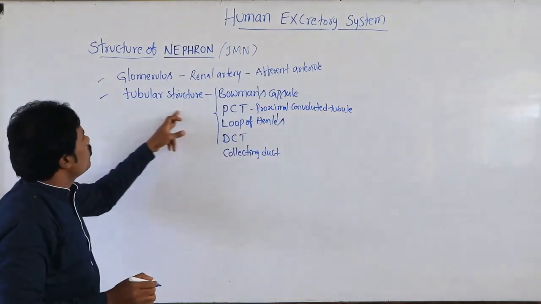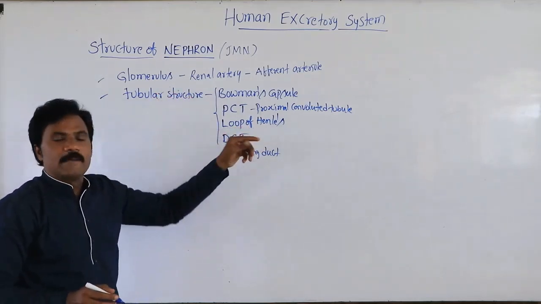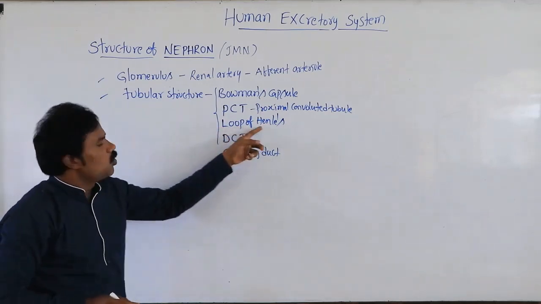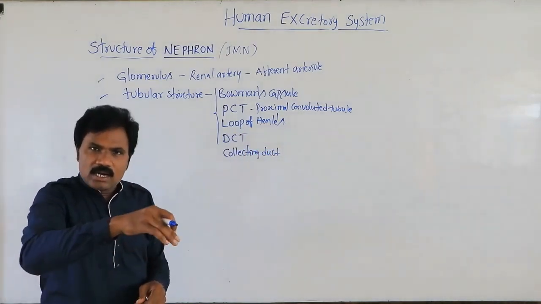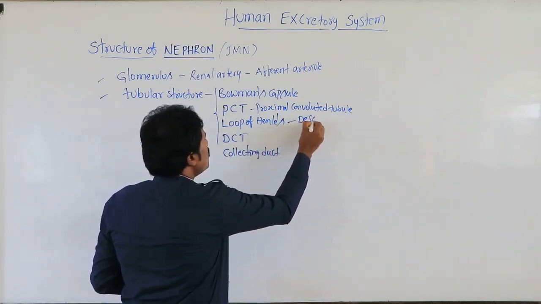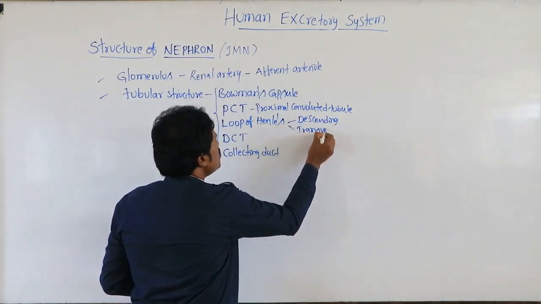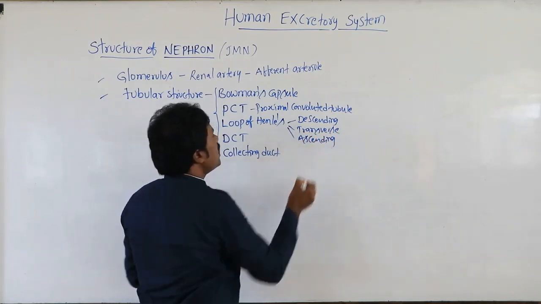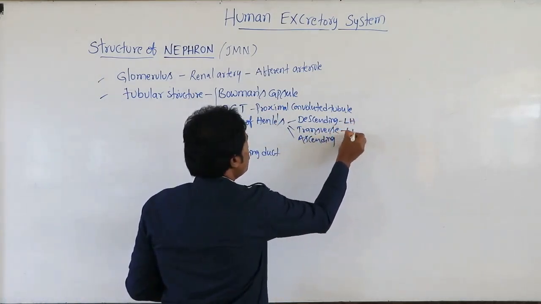Then the loop of Henle, a hairpin-like structure. The loop of Henle has the descending, transverse and ascending parts: the descending loop of Henle, the transverse loop of Henle, then the ascending loop of Henle.